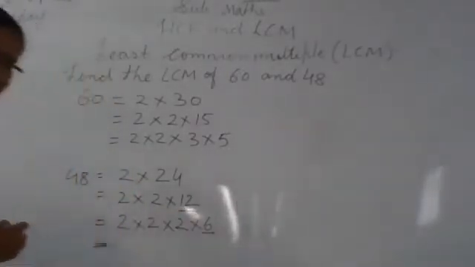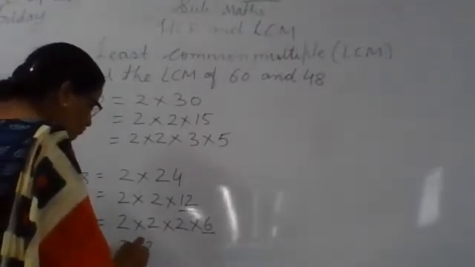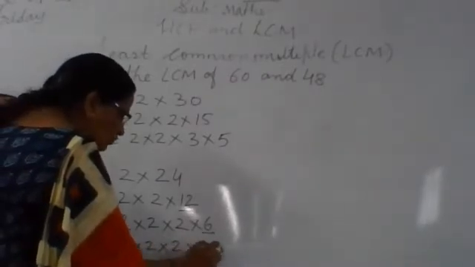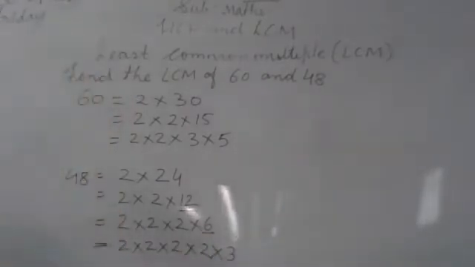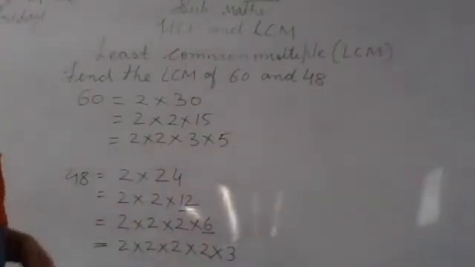Now 6 is composite, so it factorizes again into 2 and 3. Write down the rest of the prime numbers as it is.